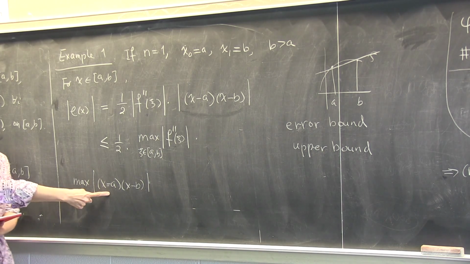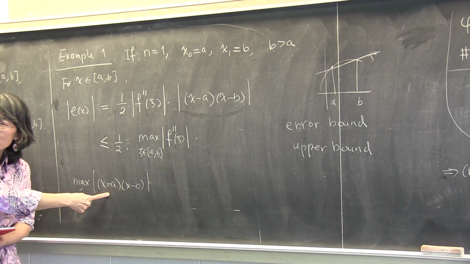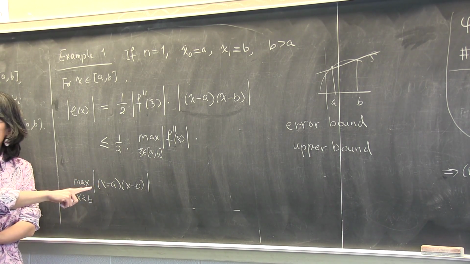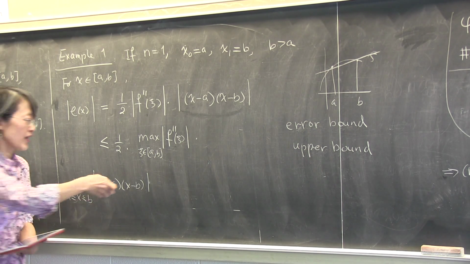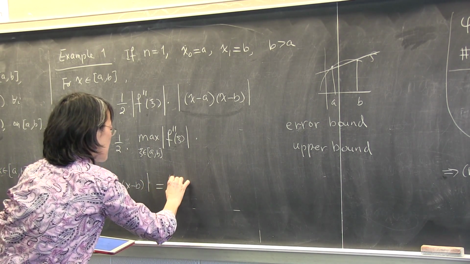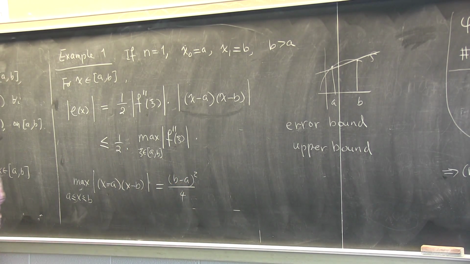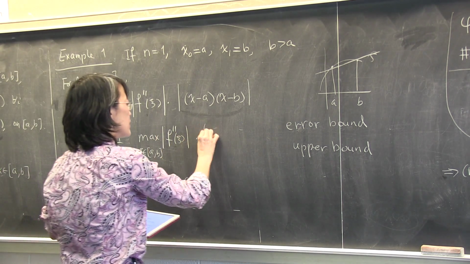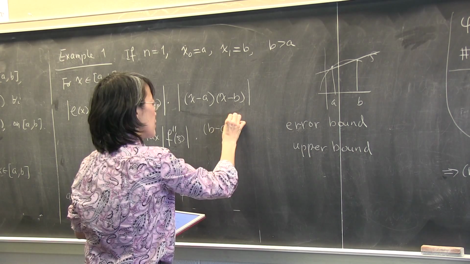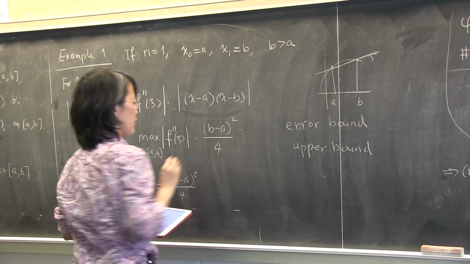Can't you differentiate this polynomial once and find the 0 and plug it back in? Is it clear? I won't work it out. I'll tell you what that is. That's b minus a squared over 4. Right? You work it out, okay? It's an elementary computation. So I can put this up. b minus a squared over 4.